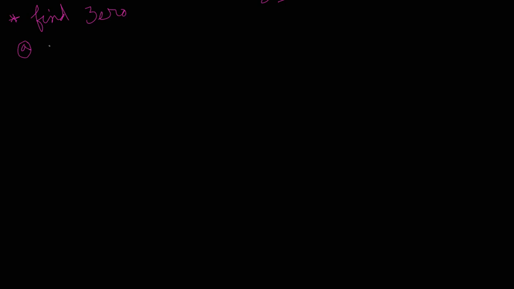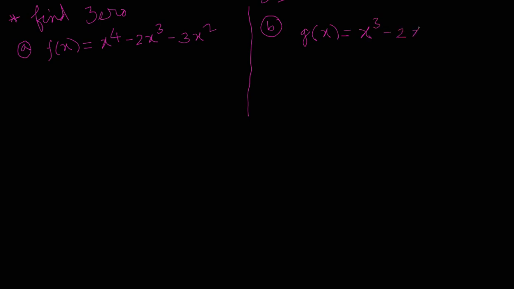One is f(x) equals x power 4 minus 2x cube minus 3x square. For the second problem, find the real zeros of this polynomial, g(x) equals x cube minus 2x square plus x minus 2. So these are my two problems.